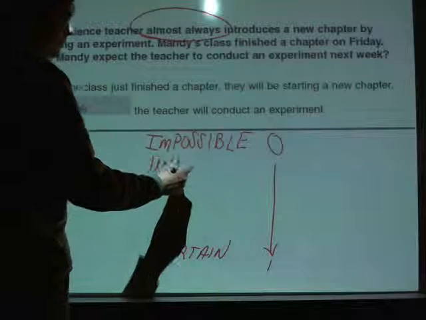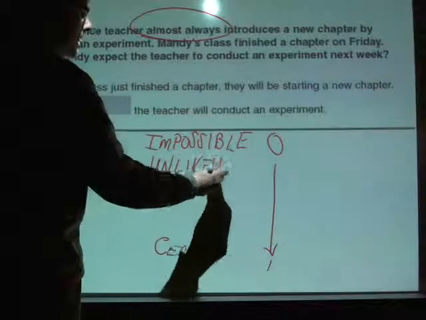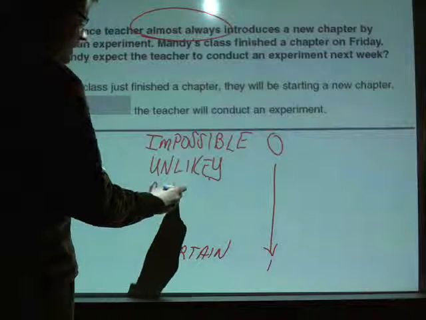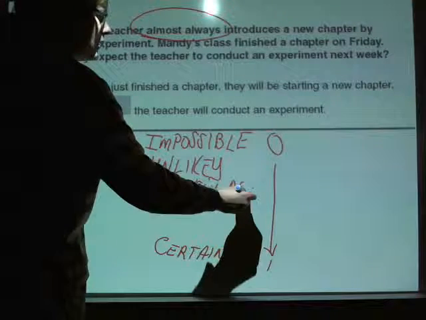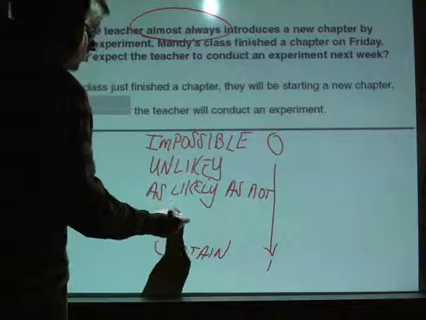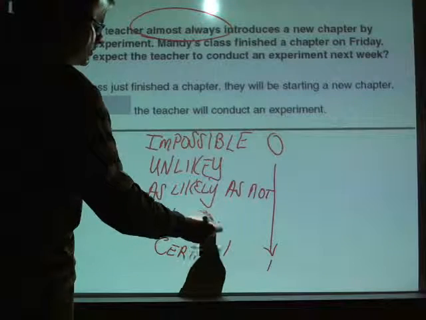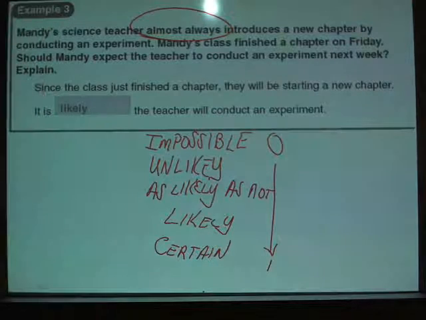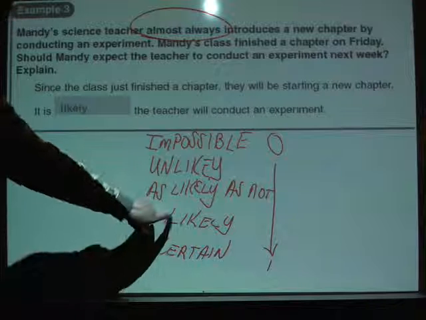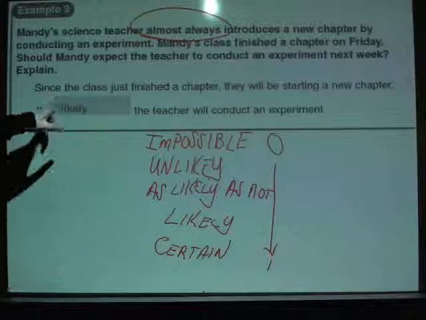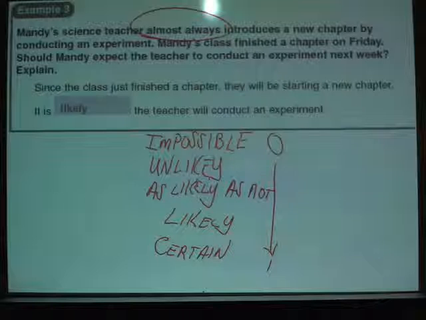Unlikely, as likely as not, which was really a 50-50 chance, likely, which is the closest I can get to 100%, or 1 without being there, and again, 1 was certain. So if she almost always introduces a new chapter, that's going to have a pretty strong possibility here. So as we head down the list, it's not certain, but it's going to be 1 beneath it at likely. So since the class just finished a chapter, it's likely they will start a new chapter and conduct the experiment.